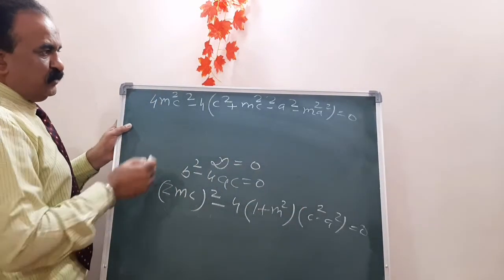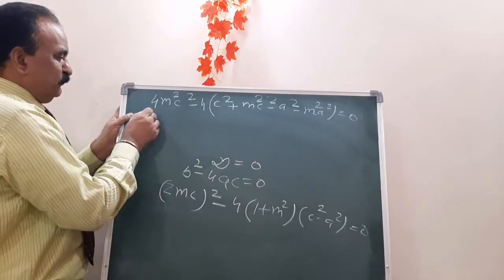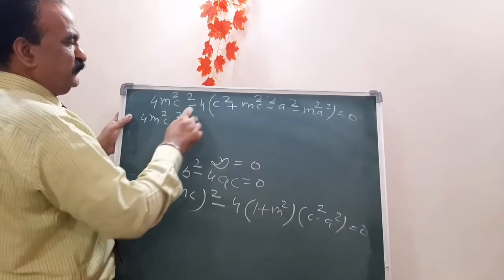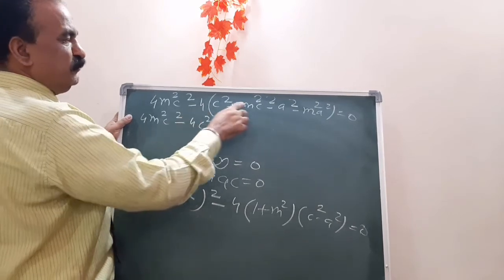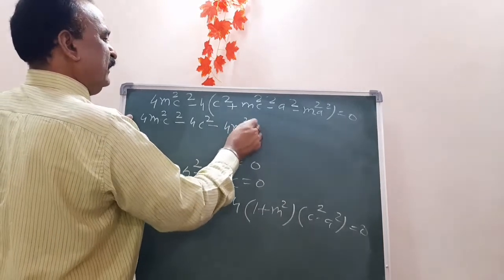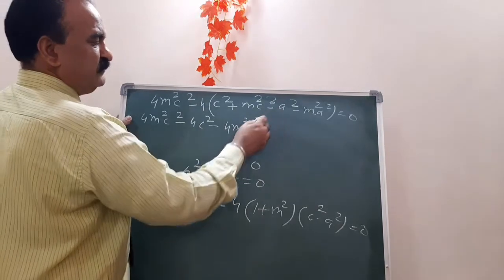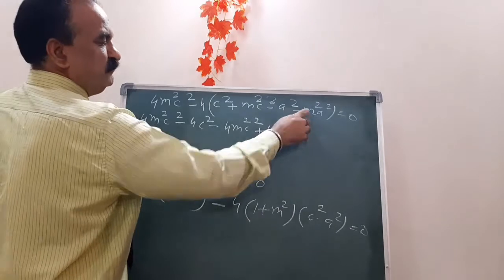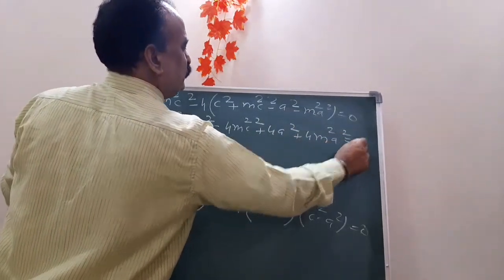Okay, clear? Now I am going to multiply by 4. So 4 into m square c square, minus 4c square, minus 4m square c square, plus 4a square, plus 4m square a square equal to 0.